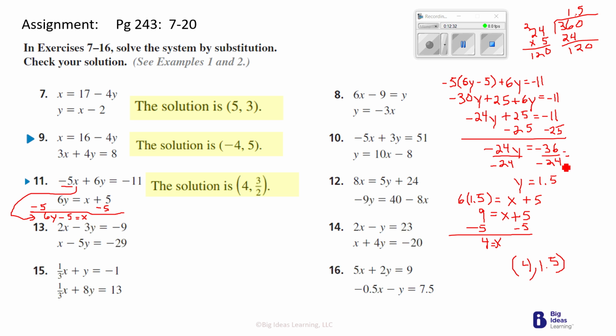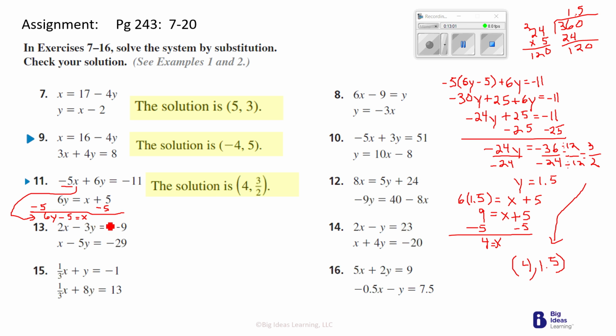And if you divided both of these by, I would say 12, you're going to get 3 over 2. So we used 1.5, but 1.5 equals 3 over 2, so same thing.